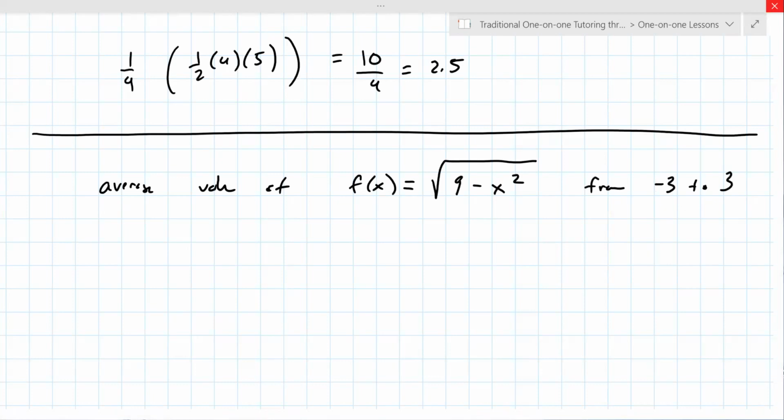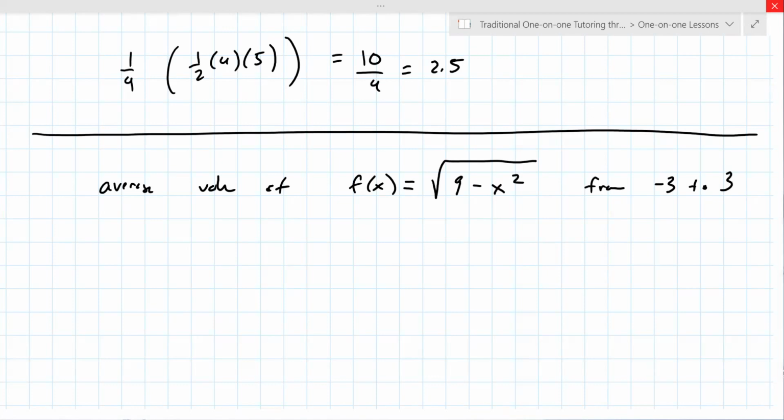See if you can set up that integral before I write it down here. It's b minus a?